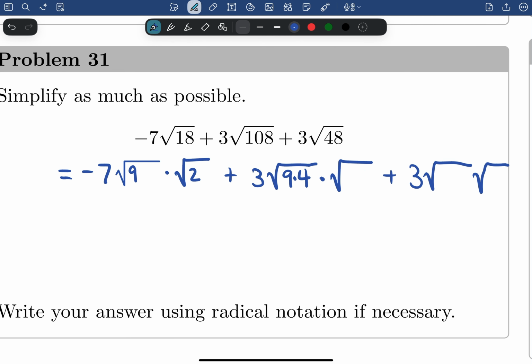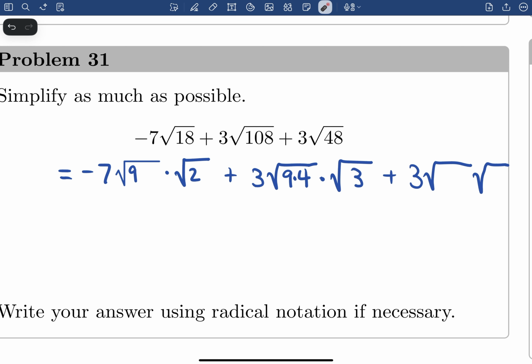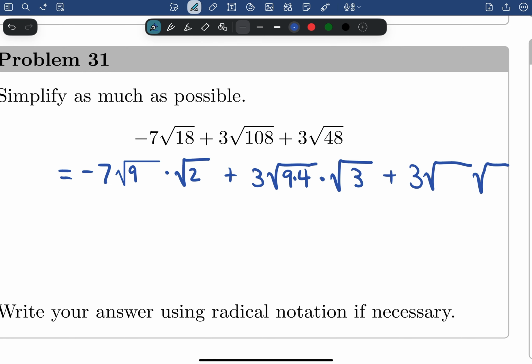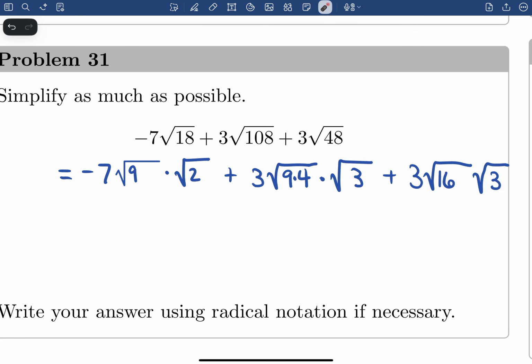And then the 3 is all that's left over in here, okay? So I'm putting all the perfect squares in the first square root and then the leftovers here. And now I move on to this last piece, 48. Well, I know that 48 is a multiple of a perfect square of 16. So I'll put 16 here and then 3 here. That's the leftovers. 16 times 3 gives me 48.